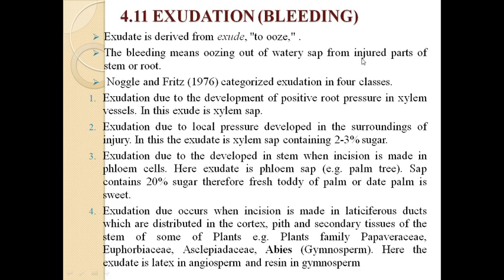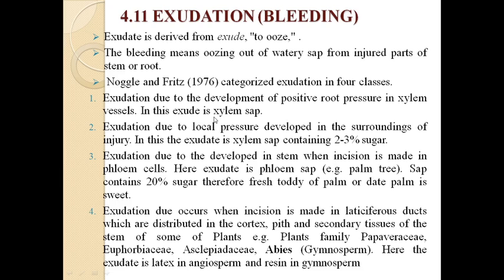In guttation there is an uninjured part, whereas in exudation there is an injured part of the stem or root, and there is bleeding of water. Noegel and Trench in 1976 categorized exudation in four classes. The first is exudation due to the development of positive root pressure in the xylem vessel.